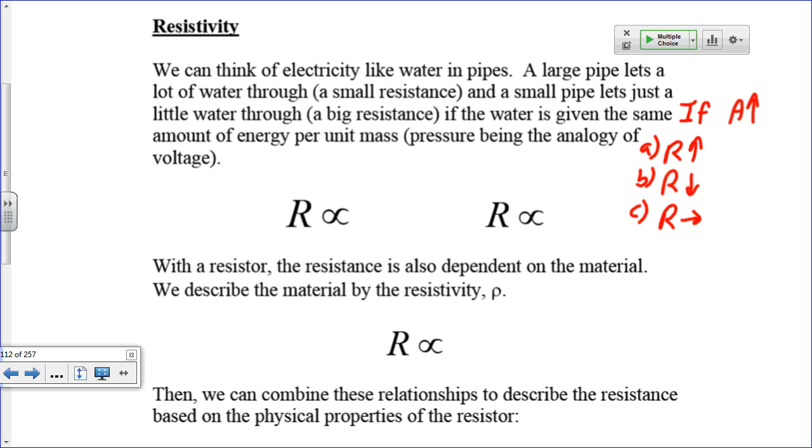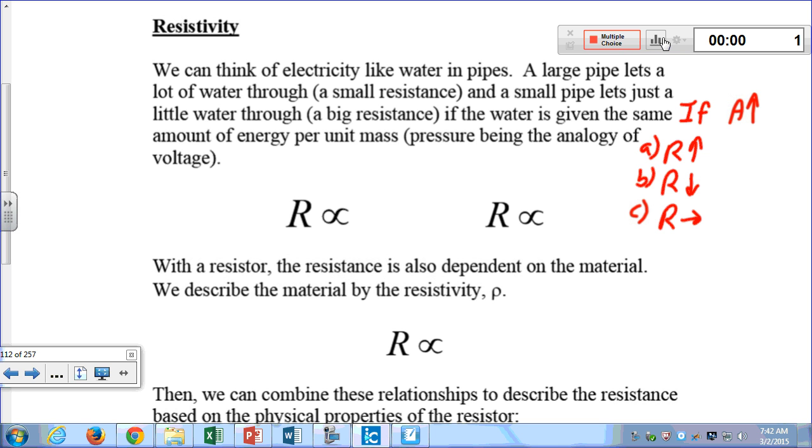Remember, the resistance is that resisting the flow of electricity. So if the area of my device gets bigger, whether I'm thinking about a pipe with water flowing through it or a piece of metal with electricity flowing through it, if my area increases, will it be more resistant to the flow of water or electricity? Will it be less resistant, easier to push it through, or will it be the same? What happens to my resistance?